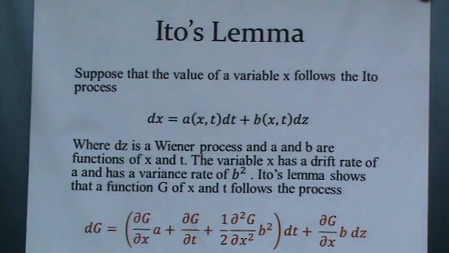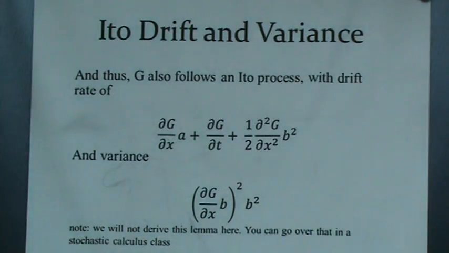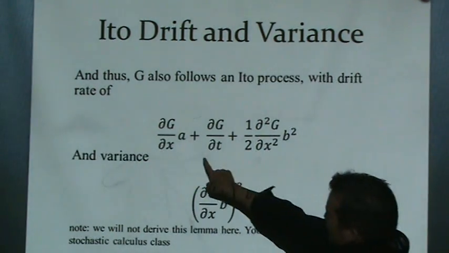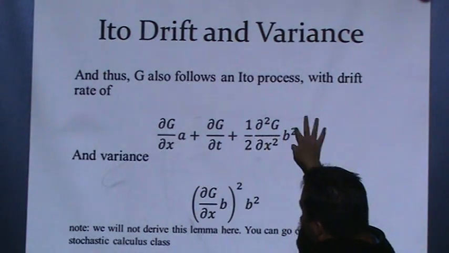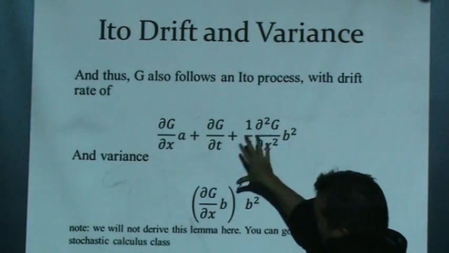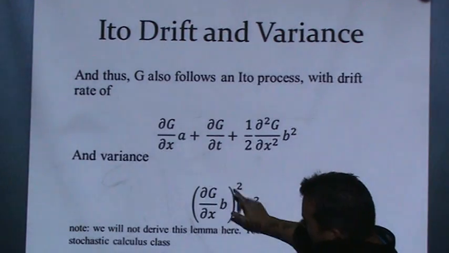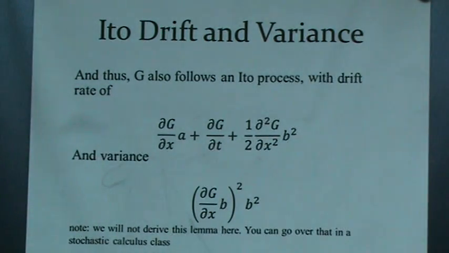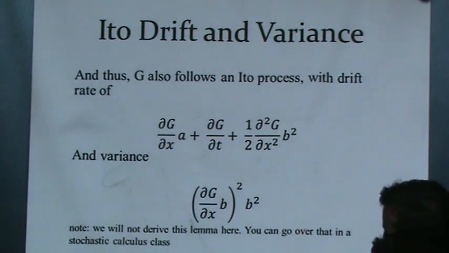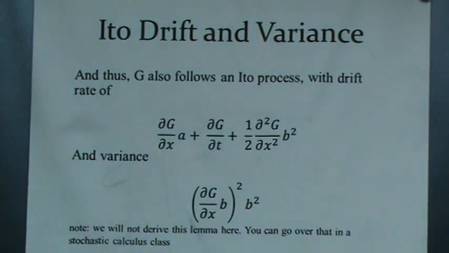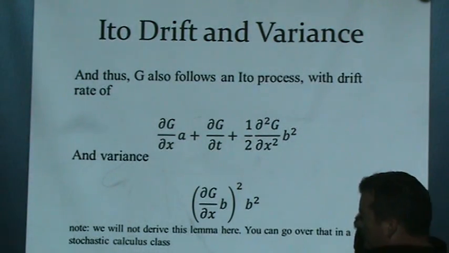I'll go over a concrete example shortly, but what I'm basically saying here is this is the drift part, the drift rate, this whole component gets multiplied by dt, and the variance component, the square root of this, ended up being the term in front of the Wiener process. And then if you just square both sides, you get the variance of it. And I'm just saying, no, we're not going to derive Ito's lemma here.